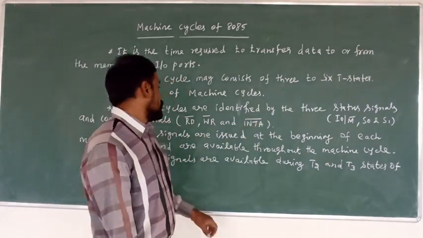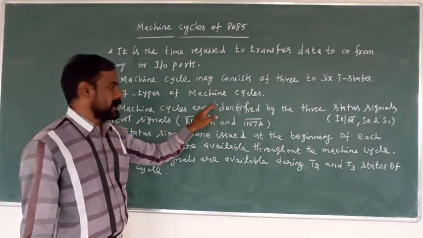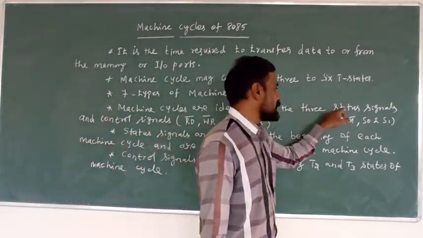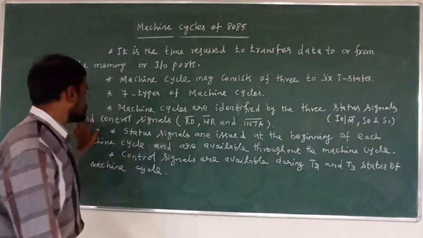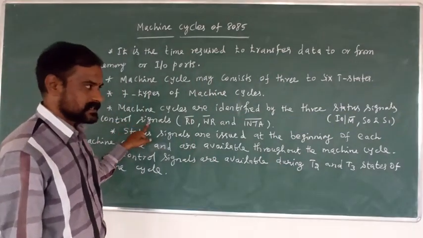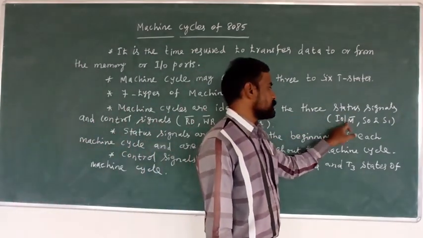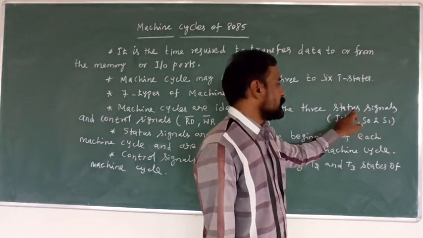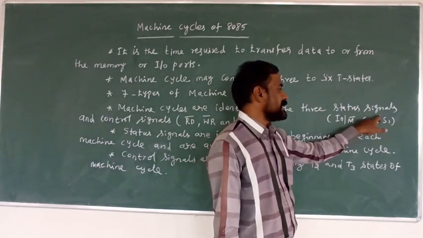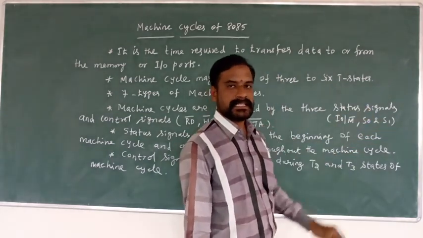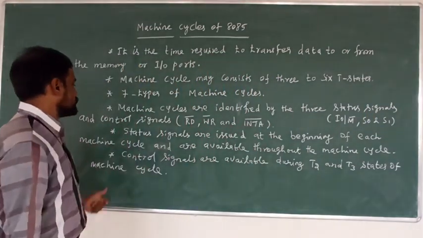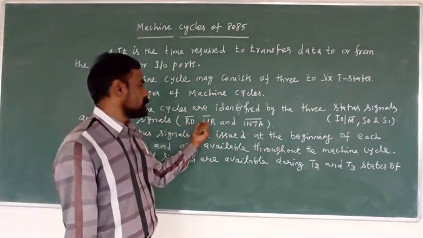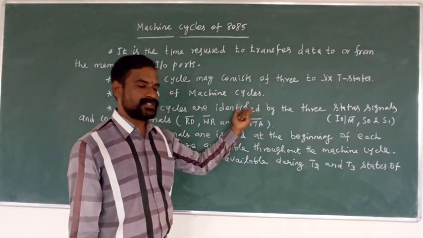So the machine cycles are identified by 3 status signals and 3 control signals.